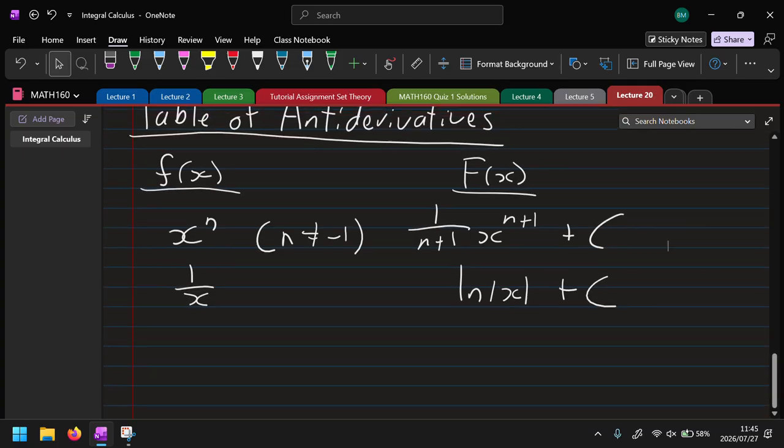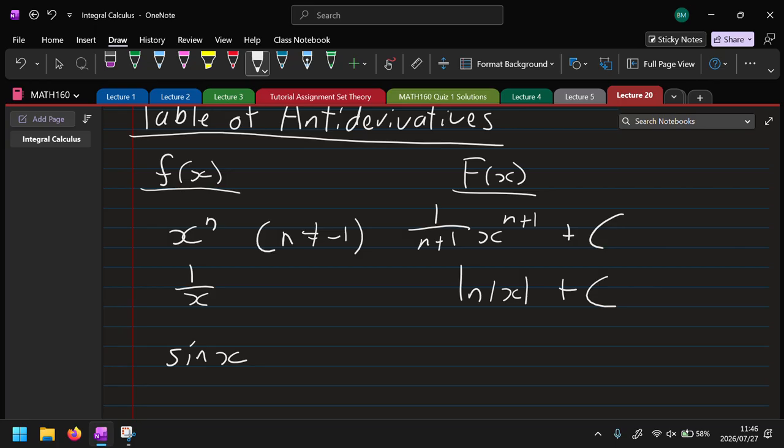Okay, next we have the sine of x. Okay, and now again, we just think about this. This is what we want the answer to be when we do the derivative. So the derivative of what gives us sine x? Not cos. Careful. The derivative of cos is minus sine.